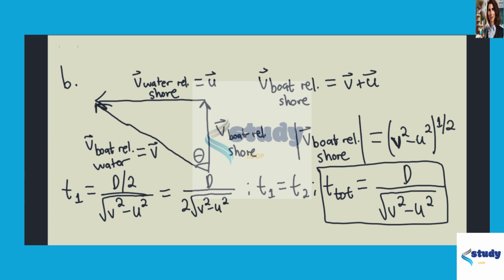So going upstream here would be impossible, because we would not be able to overcome the current, essentially. So here, again, the velocity of the boat relative to the water must be greater than the velocity of the water relative to the shore.